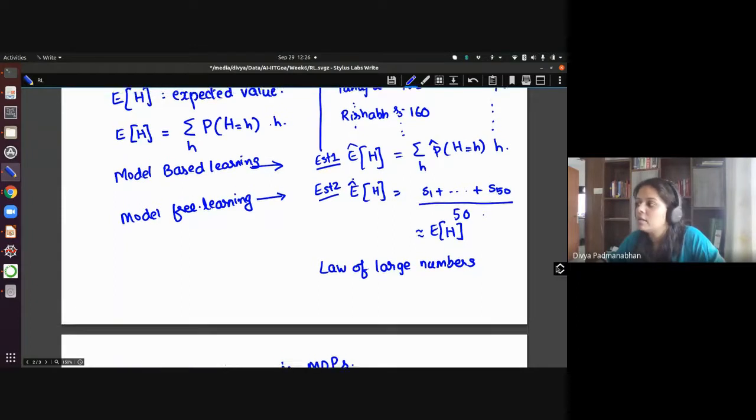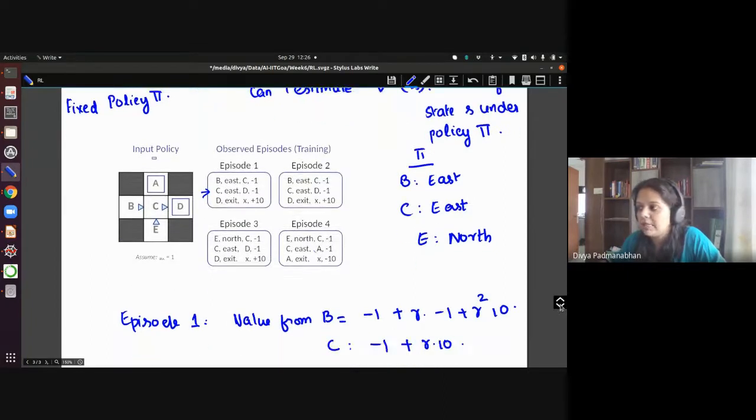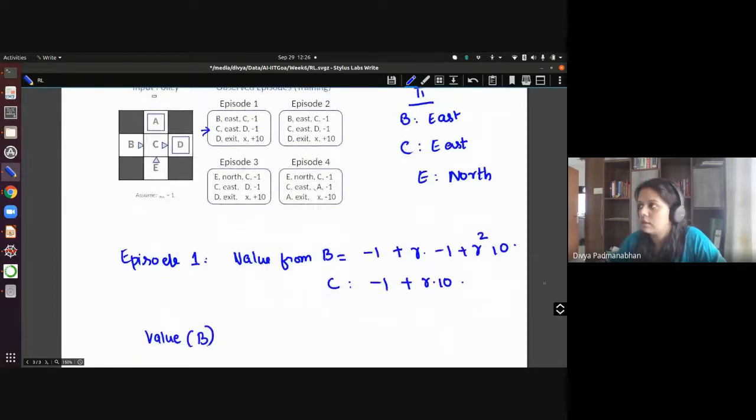Can you think of what it evaluates to here? If I take the value of B under this policy pi, how would I find it? These are all runs of a policy. Let's take the first sample. What would be your first sample value?